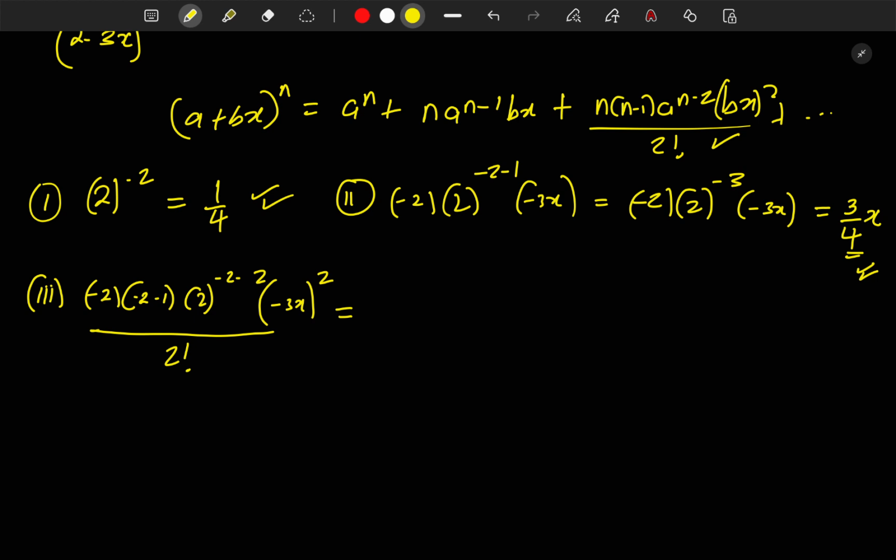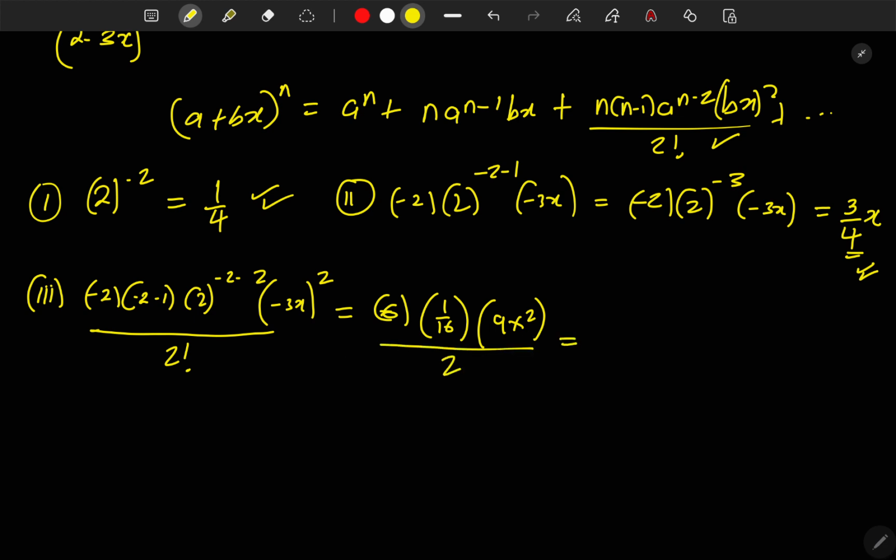Slowly by slowly. Here we get negative 2, here we get negative 3. Multiplying these together, we get 6 first of all. Then we've got 2 to the power negative 4, which is 1 over 16. Then squaring gives us 9x squared. 2 factorial is just 2.